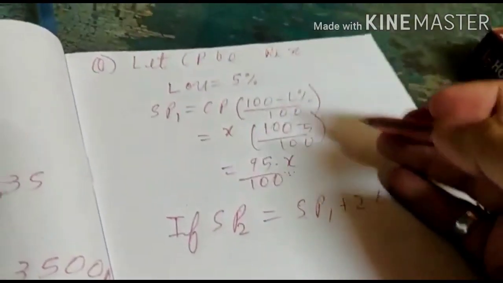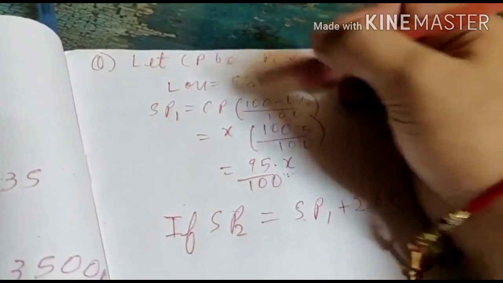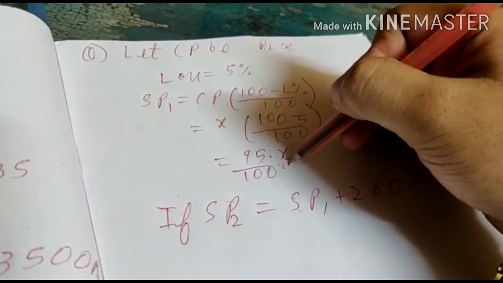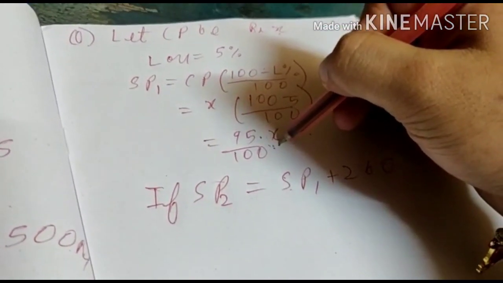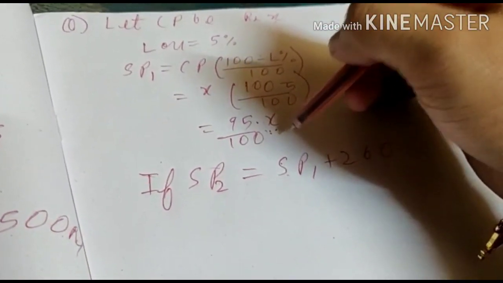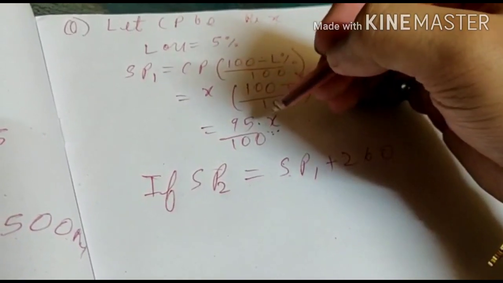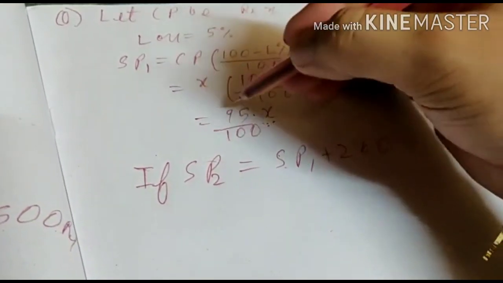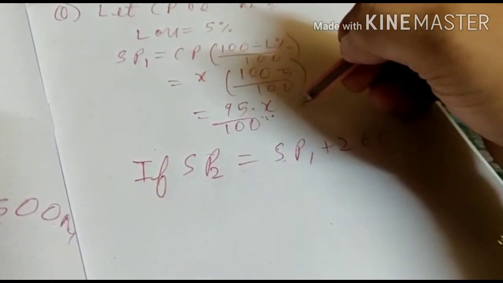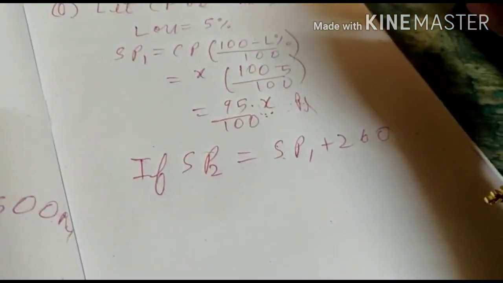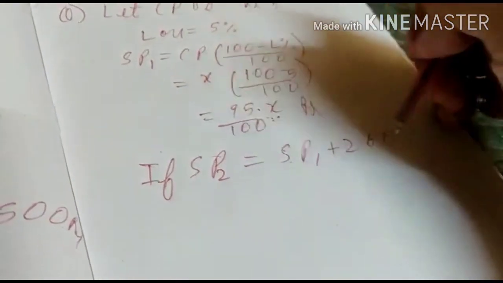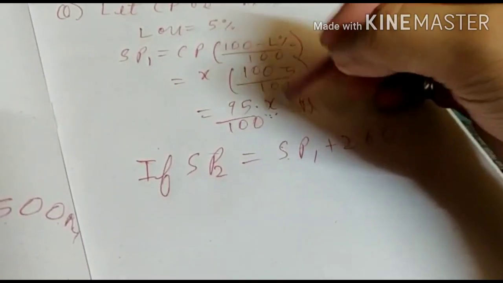The CP is X, so our SP was 95 upon 100 X. Now if he had sold not for 95 upon 100 X but for a price that is this plus 260, that means we add 260 more to this.